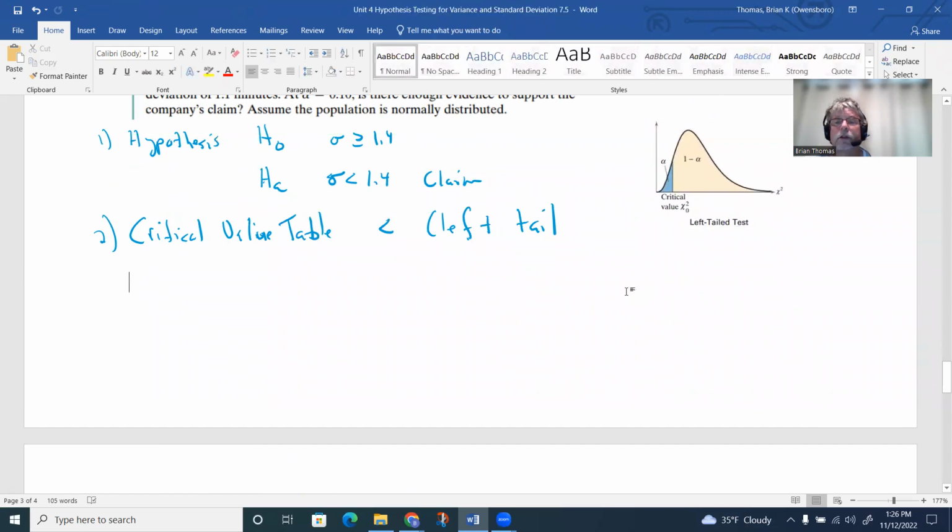The rejection region has to be less than our critical value that we're looking for.